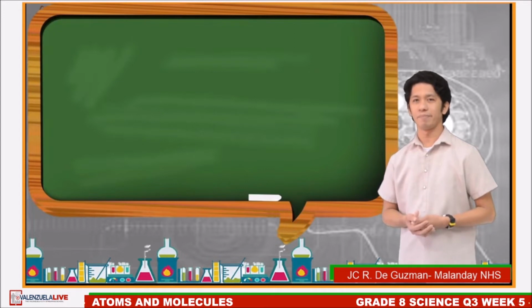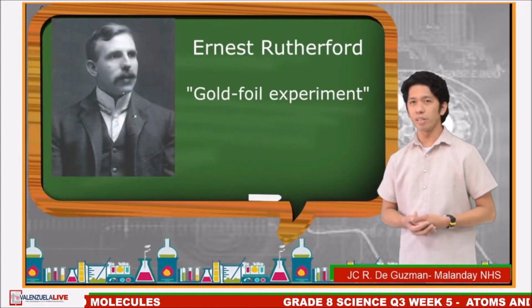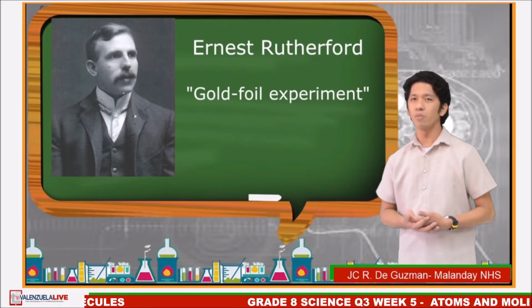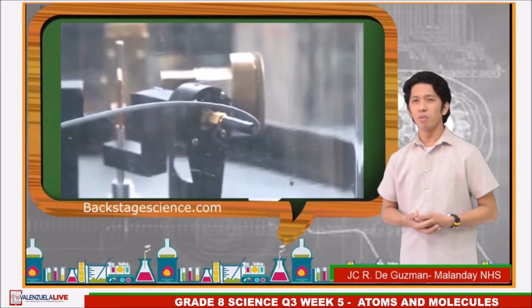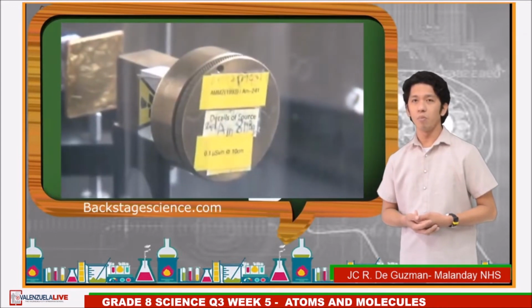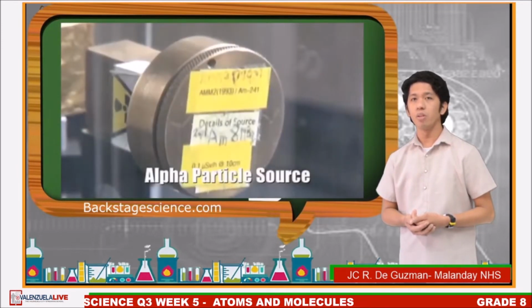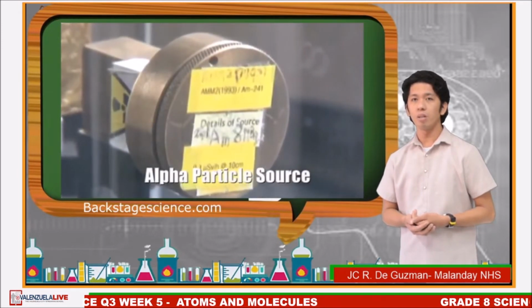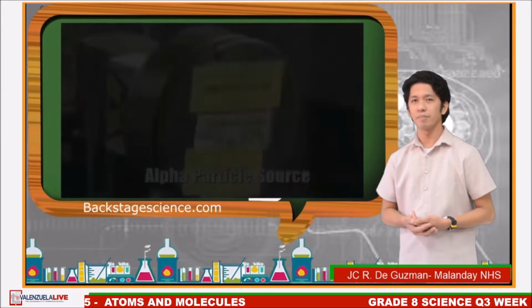Around 1871, Ernest Rutherford conducted an experiment called gold foil experiment, wherein he used a thin sheet of gold and an alpha particle and come up with the result that most particles pass through the foil, while other particles have been deflected as if they had hit something.